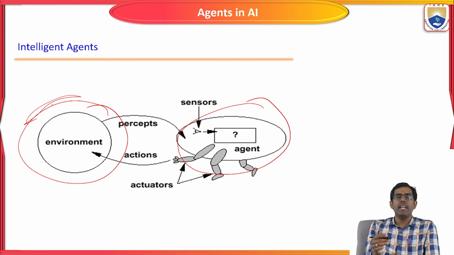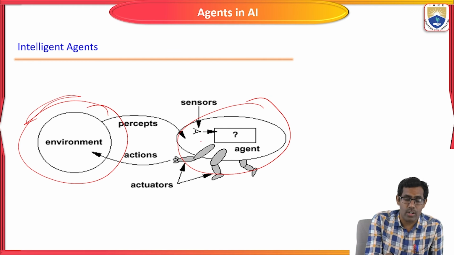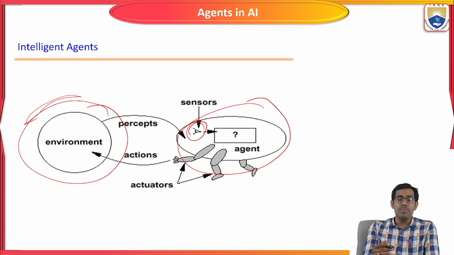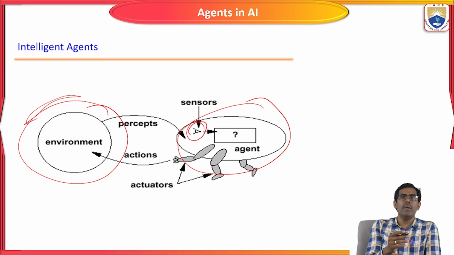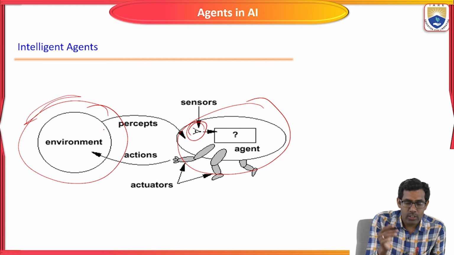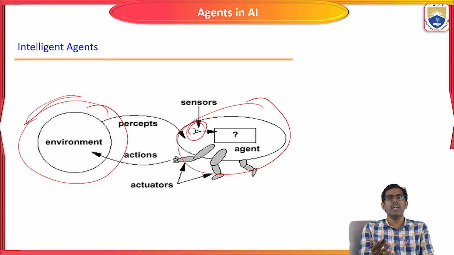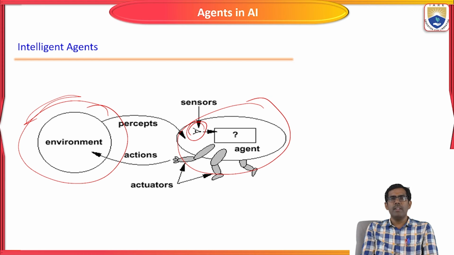It will sense the environment through the sensor. So here this is the sensor. It will observe something from the environment. That is perception, right? In the introduction class itself I said what perception is: viewing or hearing or gathering some information.